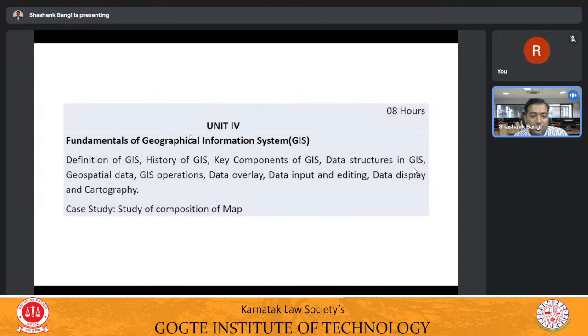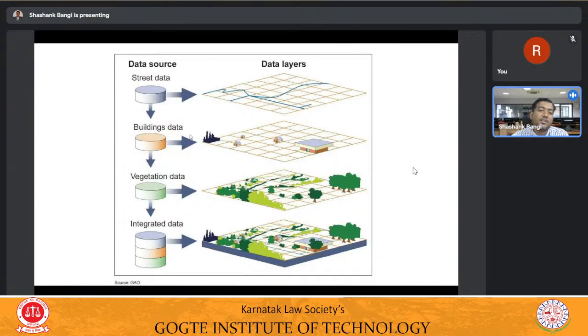Before that, here you can see the best example of GIS, where we can take data from different sources, combine it, and create a real world representation.